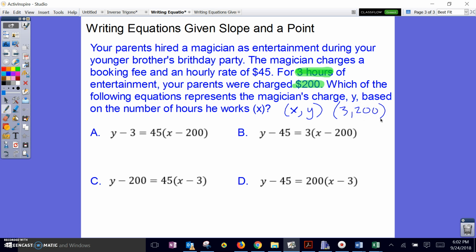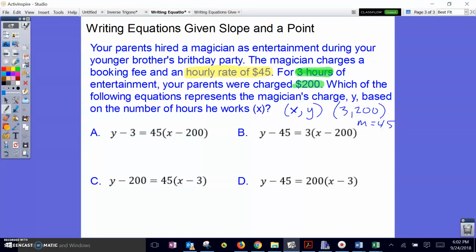Now our slope is going to be how much y changes when x changes 1 unit. So for every hour that he works, how much does his charge change? And that's going to be his hourly rate. If he charges $45 for 1 hour, he's going to charge $45 more for the next hour. And so our slope is 45.